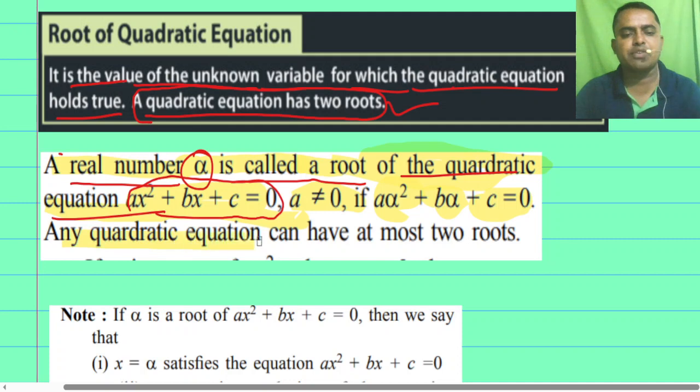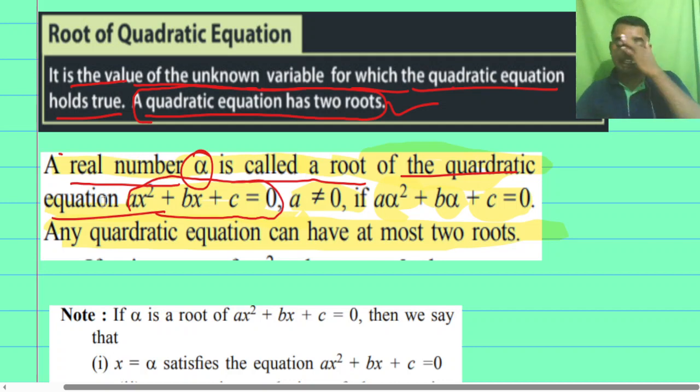Any quadratic equation can have at most two zeros. Remember this one, at most two zeros. A root of the equation means it must satisfy the quadratic equation, that is a alpha square plus b alpha plus c is exactly equal to 0. Any quadratic equation can have at most two roots.